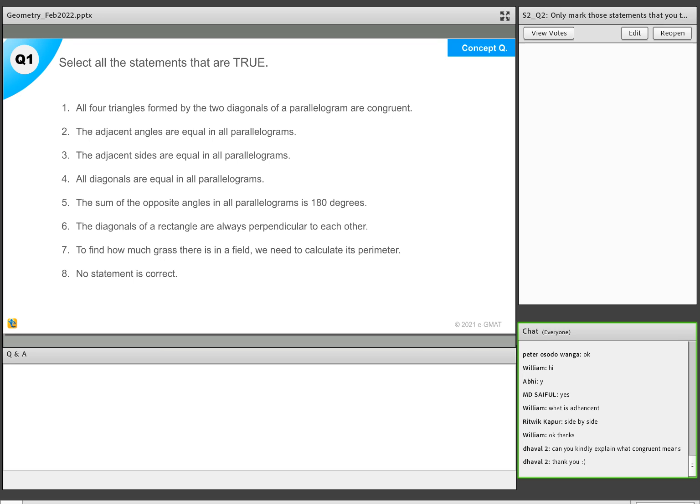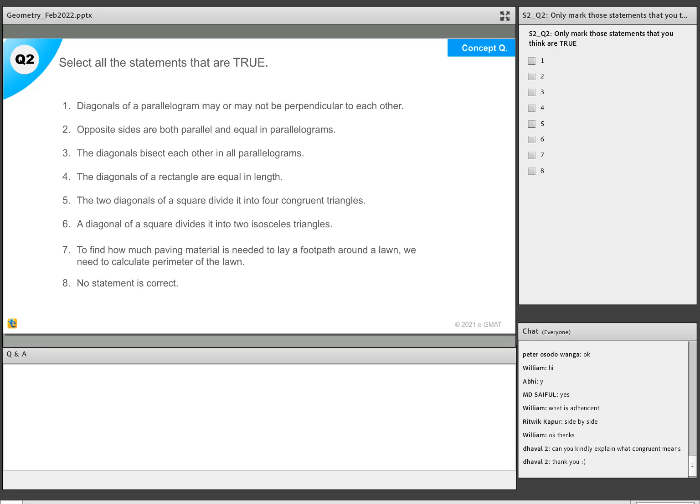The approach is the same, folks. It's just a set of 8 questions. So all the best. Again, your task is the same. Select everything which you believe is true.